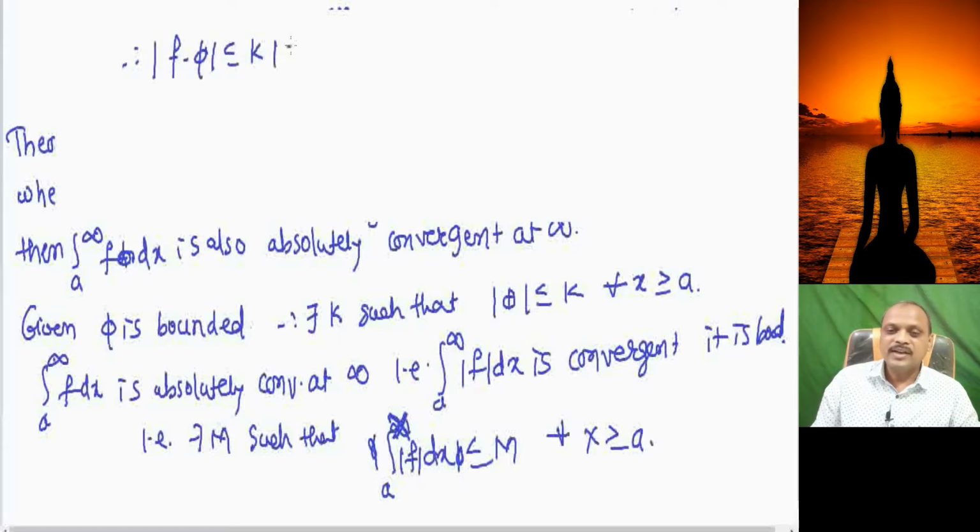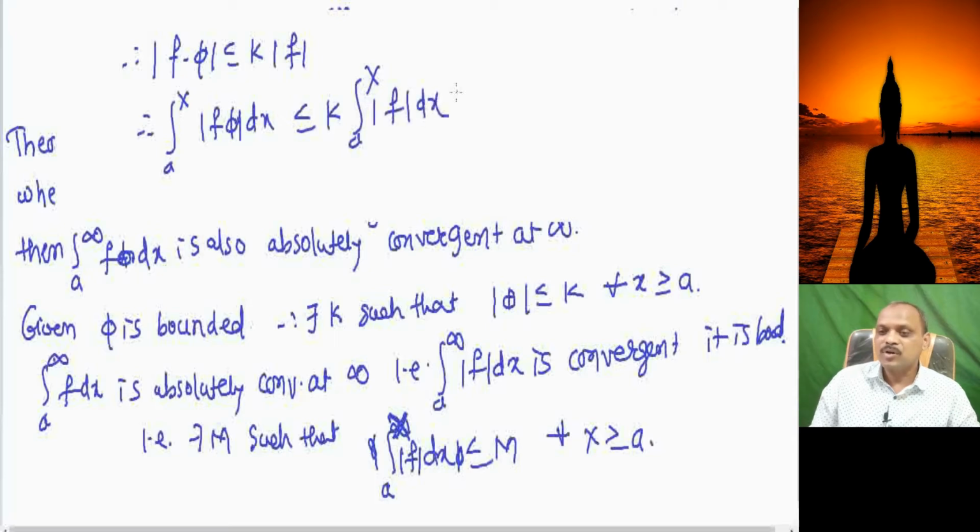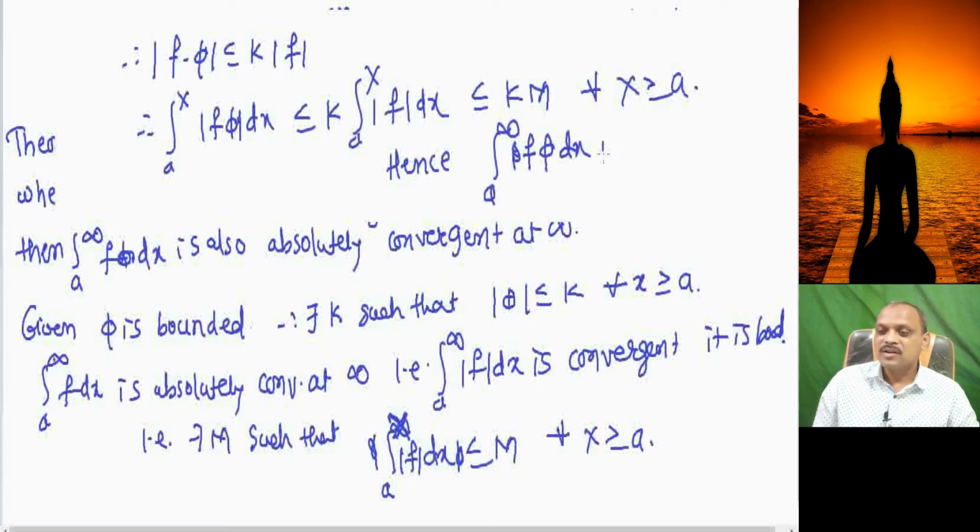Then if we take the integration a to X of the mod of f into phi dx, this is less than or equal to K into the integration of mod f, but this is less than or equal to K into M for all X greater than or equal to a, and hence the integration of f into phi between the limits a to infinity is absolutely convergent.